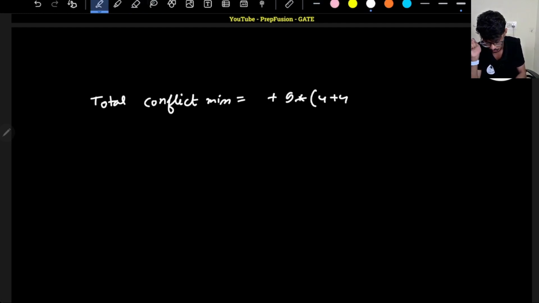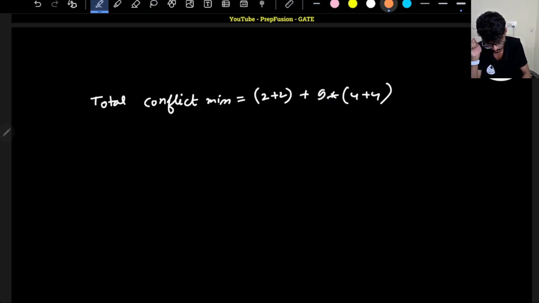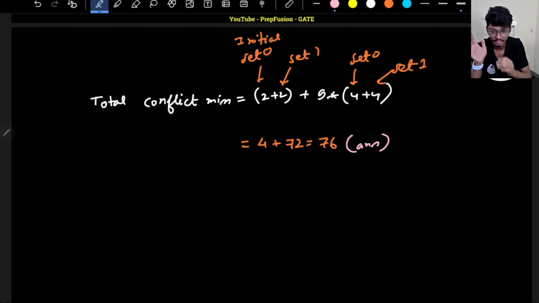Okay, and this will actually be 2 plus 2. This will be set 0, this will be set 1 initially. And this is for set 0 and set 1 after the compulsory misses have been done. So it will be a total of 4 plus 9 into 8. 9 into 8 is 72. So it will be 76. So a total of 76 conflict misses I will get if I repeat these calls 10 times. Okay, so 76 will be the answer.